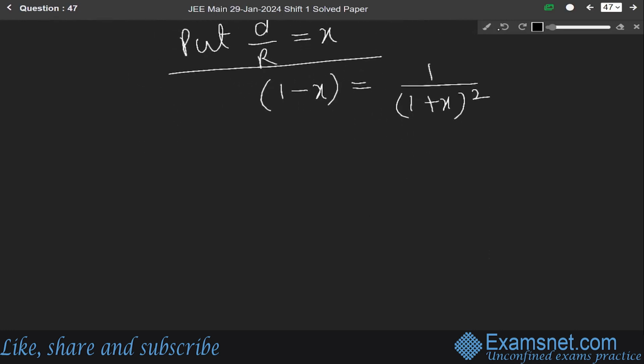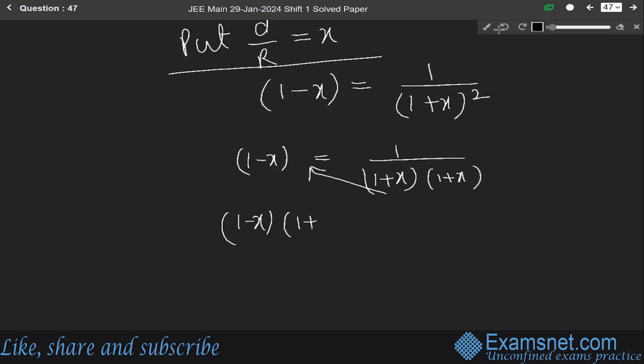So it means 1 minus x equals 1 over (1 plus x) into (1 plus x). Now taking this from here to here, (1 minus x) times (1 plus x) into (1 plus x) will be equal to 1 over (1 plus x).